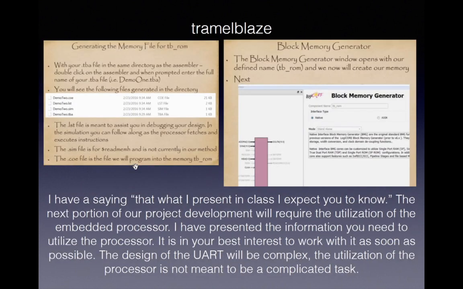The Trammel Blaze, what I present in class, I expect you to know. I know you have a lot going on, but at this point in time, I'm appealing to you. Don't blow me off. Don't ignore what I'm presenting. The whole point of this is that we have a tool that works easily.